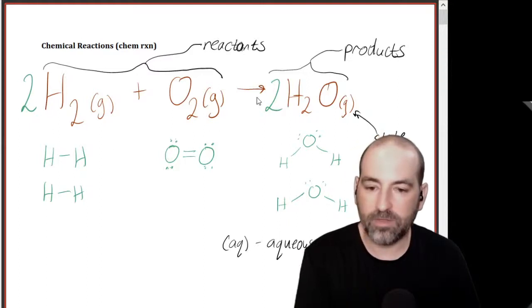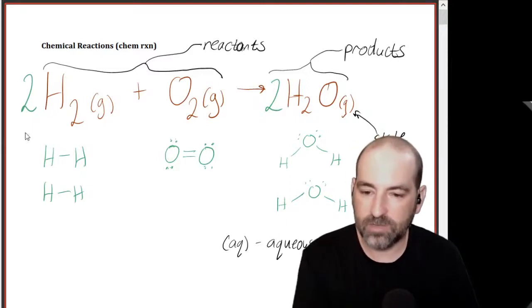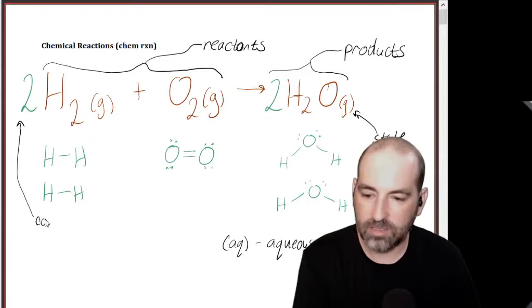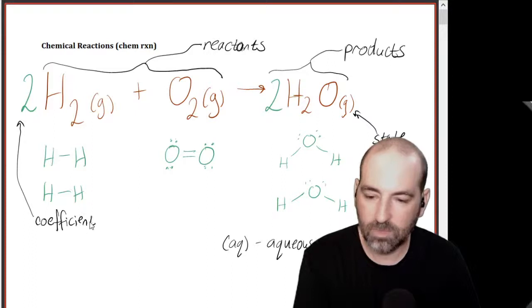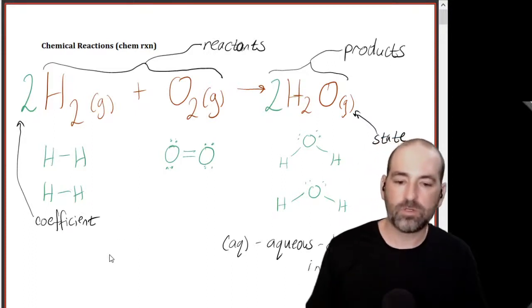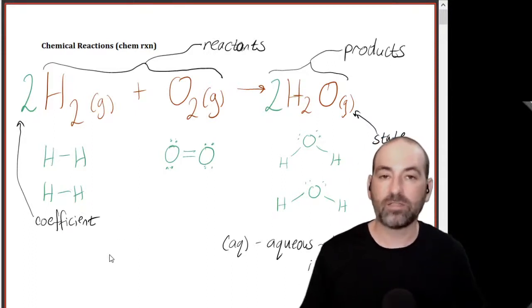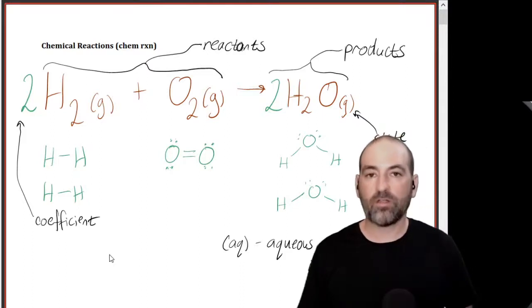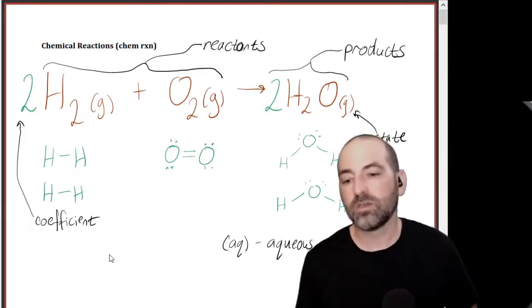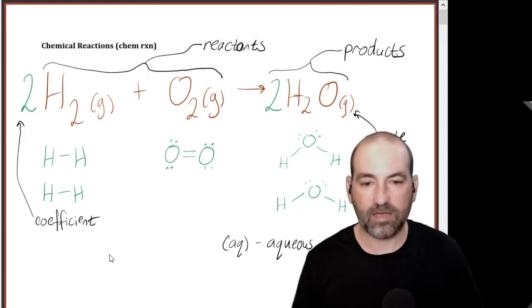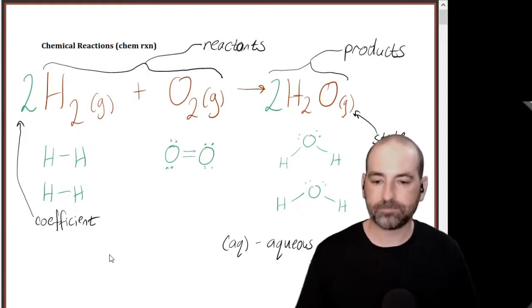The other thing you should know is that these numbers are referred to as the coefficients. That's what we'll use to do what we call balancing the equation, making sure that the ratios are correct so that the left and the right side have the same numbers of atoms.